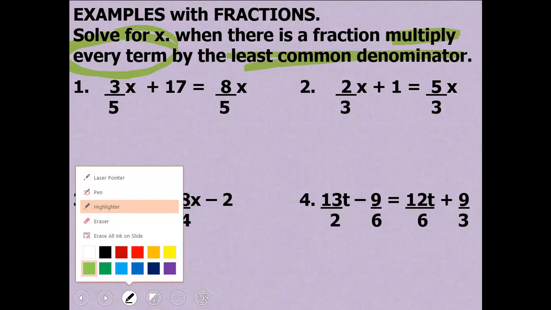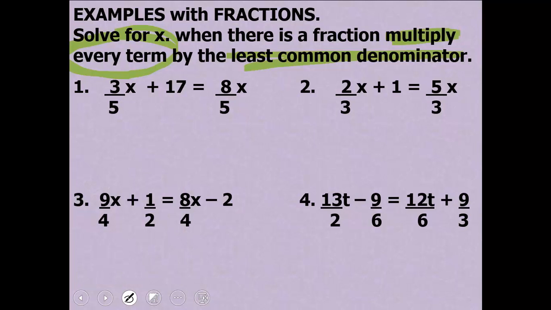Would you agree, and I hope you say yes, that the common denominator is 5? These are both 5. So my hint says multiply every term by the least common denominator. My least common denominator is 5, so I'm going to multiply every term times 5. I'm squeezing them in there, all right?